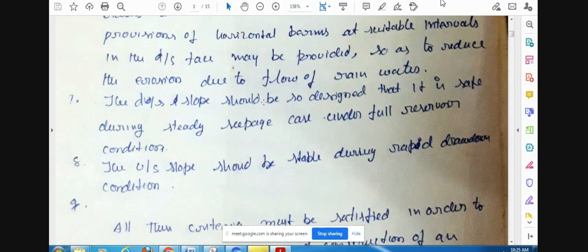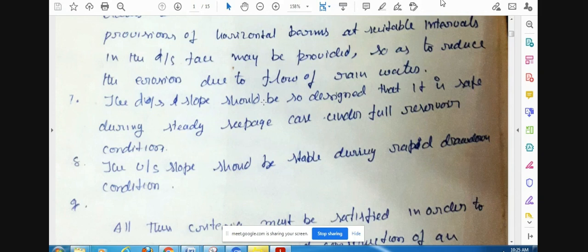So these are the two conditions: the downstream slope collapses when the reservoir is full, and the upstream side collapses when there is a sudden drawdown. In both cases, there should not be any problem to the upstream side slope and also the downstream side slope.